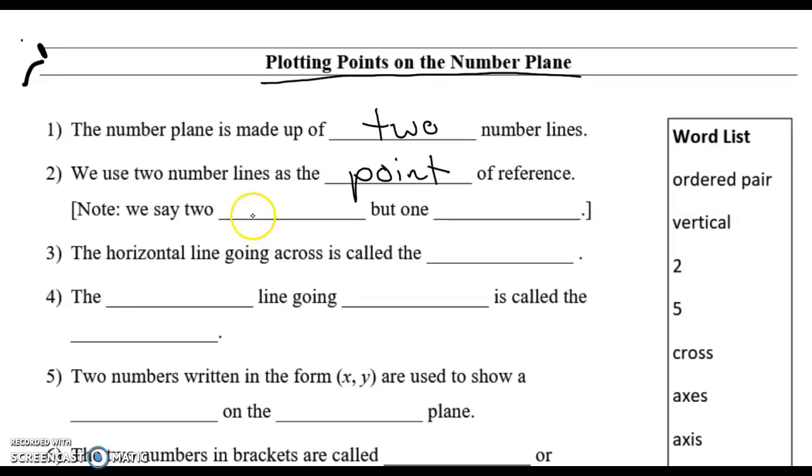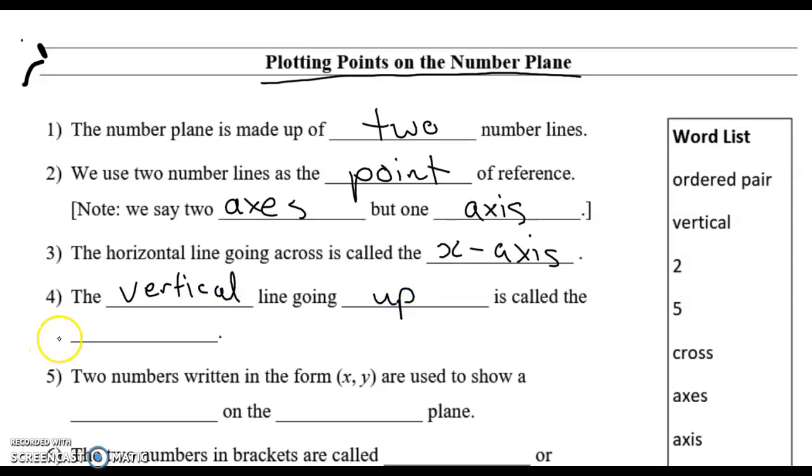We say two axes, but one axis. The horizontal line going across is called the x-axis, and the vertical line going up is called the y-axis.